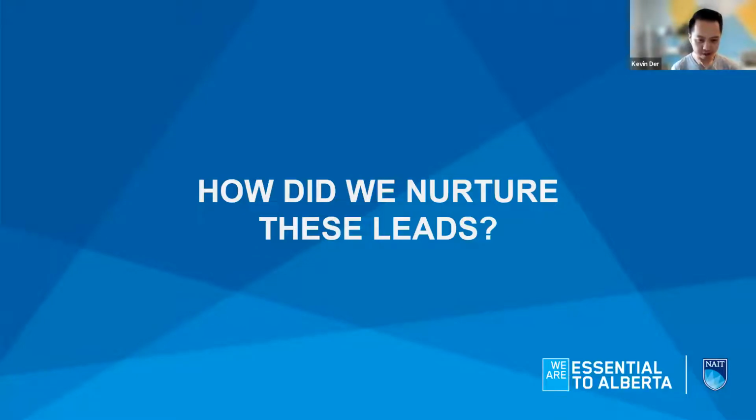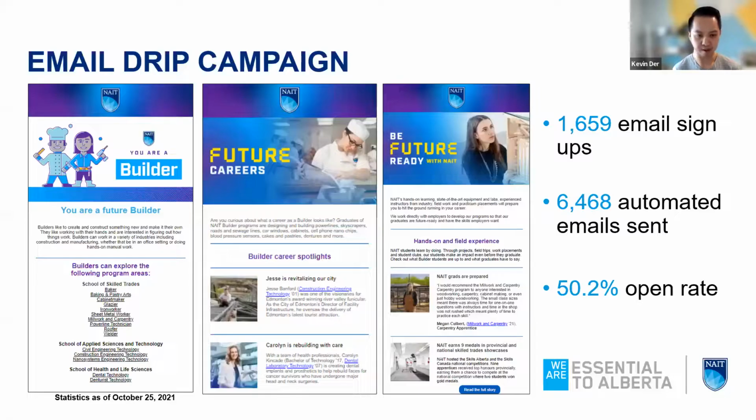Okay, so how do we nurture all these leads? For each persona, we create an automated drip email campaign. Like I mentioned, we got over 1,600 email signups, and we have sent just under 6,500 automated emails with an open rate of around 50%.